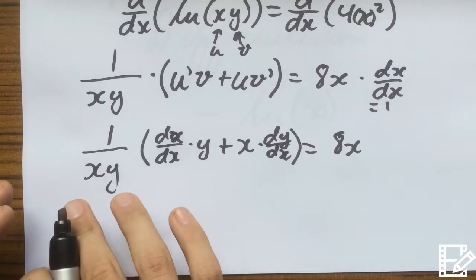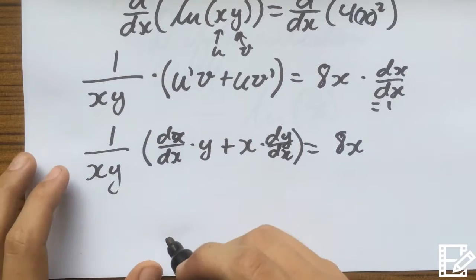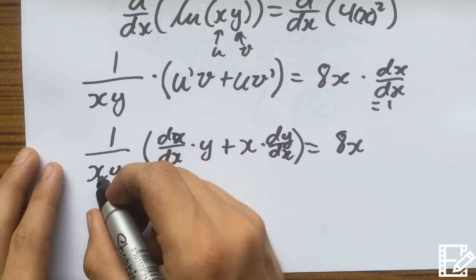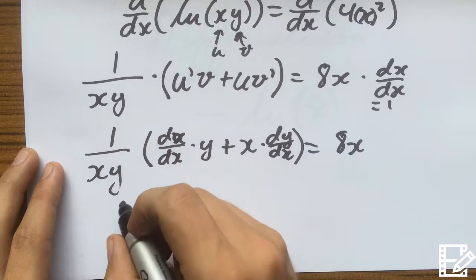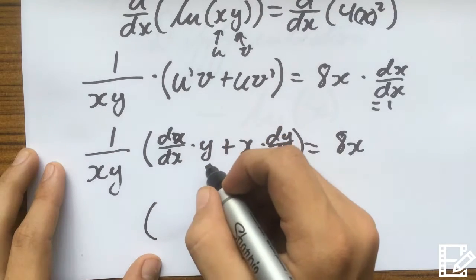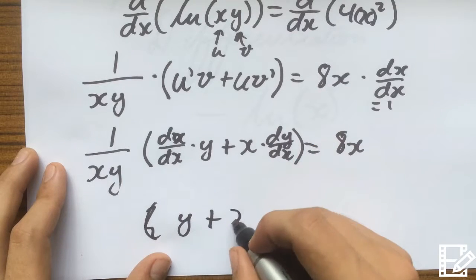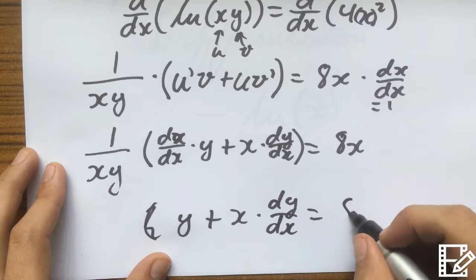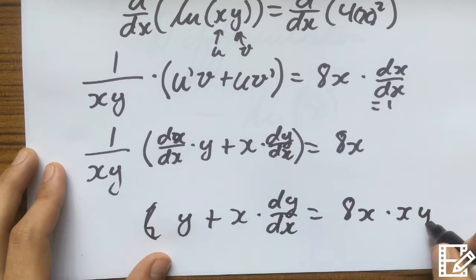Okay, so I'm going to multiply x multiplied by y to both sides. That will cancel out this, and we'll be left with dy dx multiplied by y is just y, plus x multiplied by dy dx equals 8x multiplied by xy.